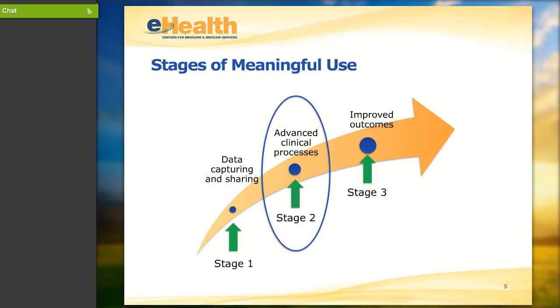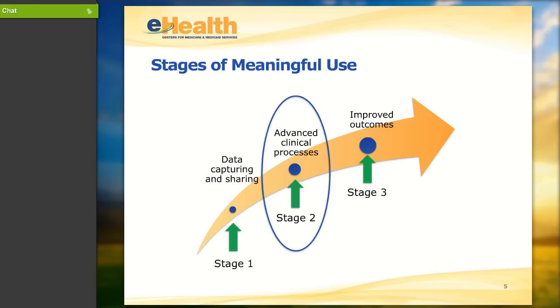This is a 3-stage process. We're going to talk about this middle stage, Stage 2, that we are focused on. If Stage 1 was really about data capture and sharing, if it is about recording information and getting your EHR in place, Stage 2 is about moving that data along the care continuum. It is about information exchange to the next provider of care.